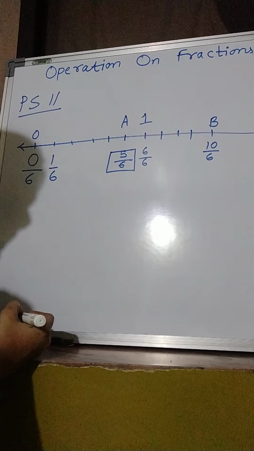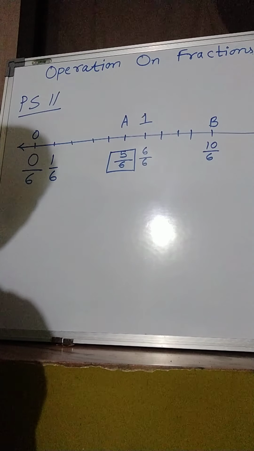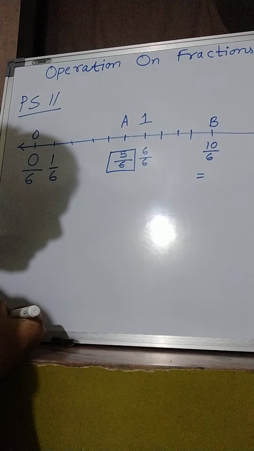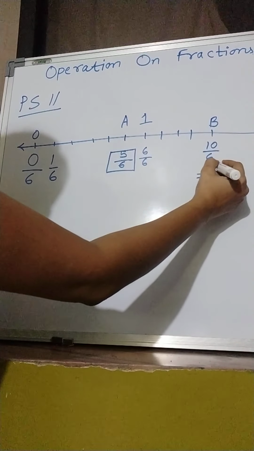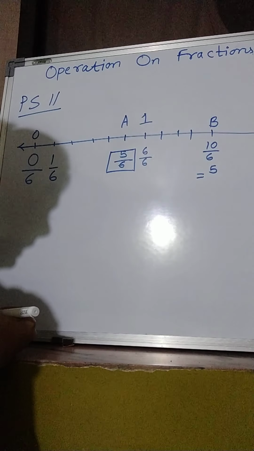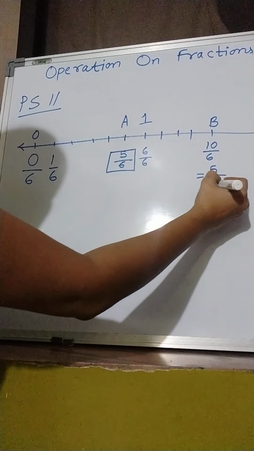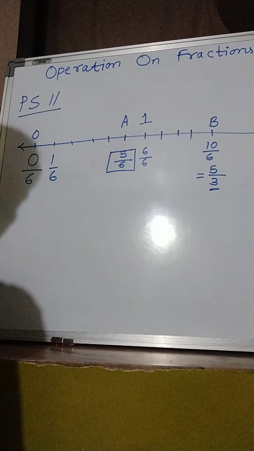Right? But this 10 upon 6 is divisible by one number. What is that number? In the 2's table, 10 is also coming and 6 is also coming. So 2 5s are 10 or 2 3s are 6. You can write it like this also or this also.